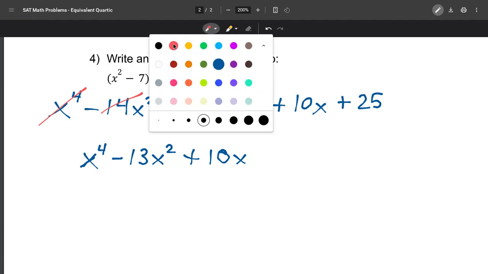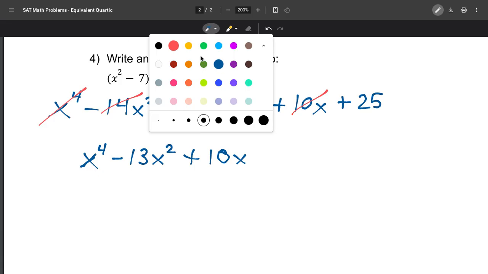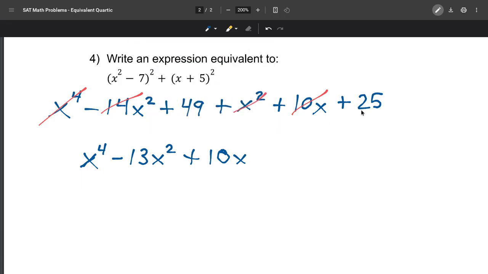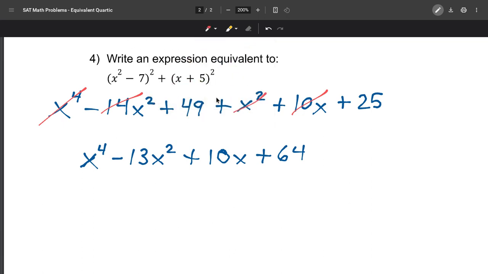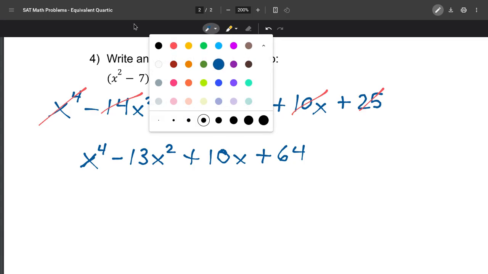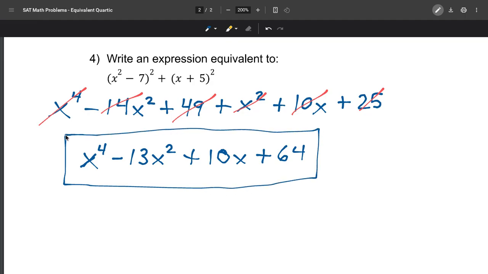Okay, let's cross that one off. And then we've got 49 plus 25 is going to be 64. So plus 64. And there we go. We've crossed everything off, and we've got our equivalent expression.